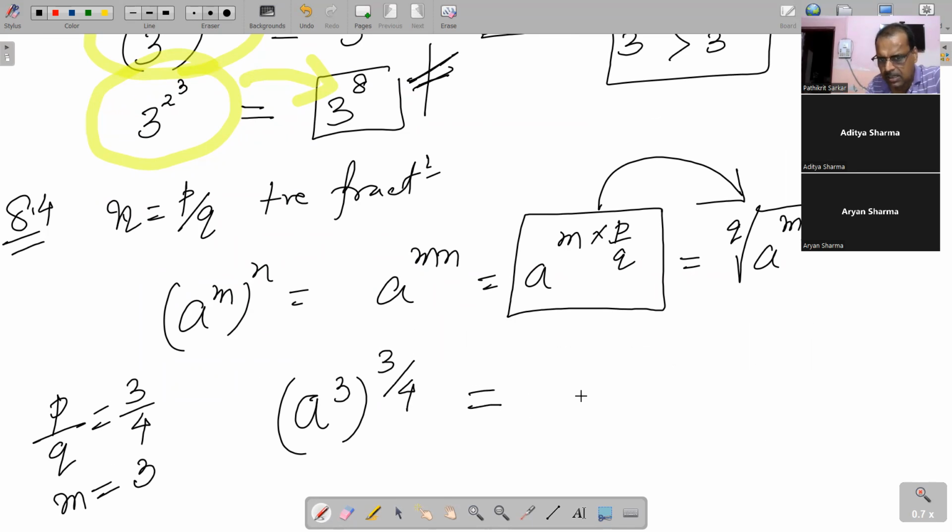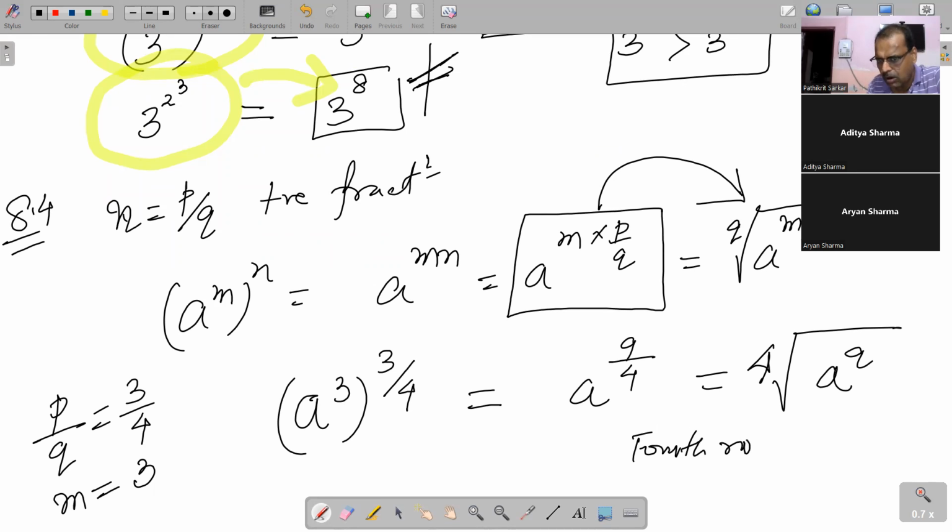Once we write this, it comes down to a to the power 3 multiplied by 3 by 4, that means 9 by 4. This one we can write as the 4th root of a to the power 9. So this is the way we can represent it.